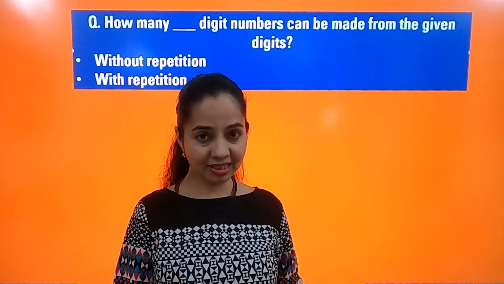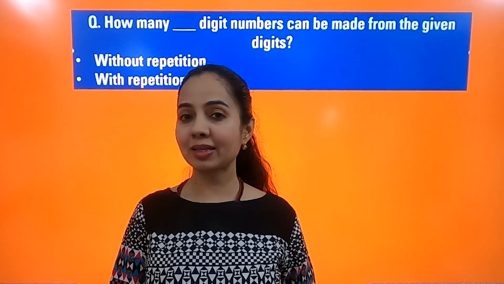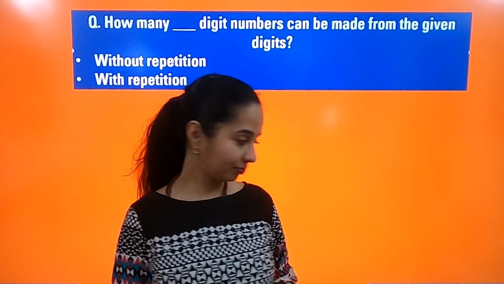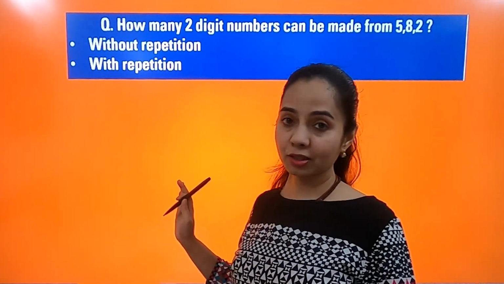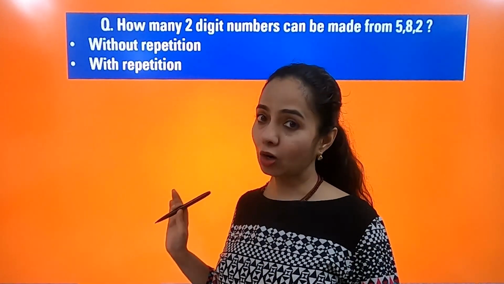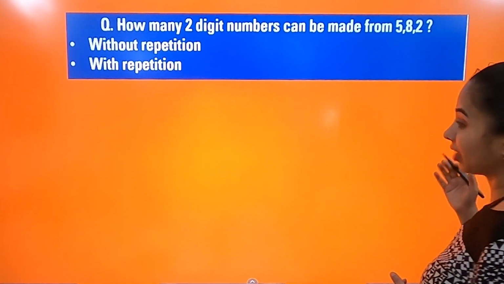Let's understand it further with the help of an example. Then the concept will be very clear. See, here is the question in front of us. How many 2-digit numbers can be made from 582?